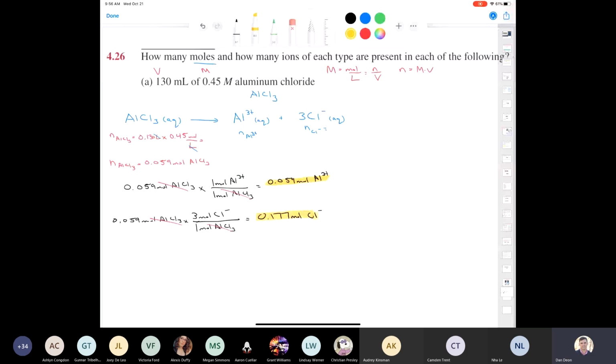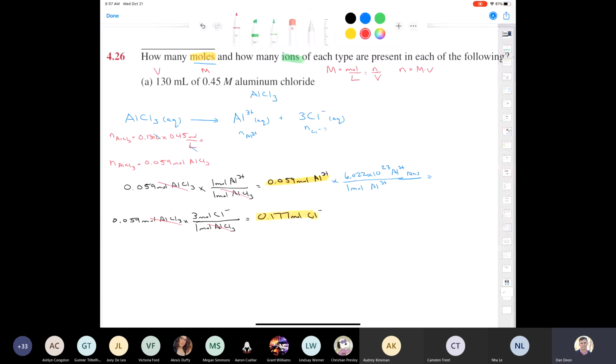We know the number of moles. Now we want to know the number of ions. For that, it's just going to take a little more dimensional analysis. I know that if I have this many moles of aluminum ions, and I know that in 1 mole of Al3+, I have 6.022 times 10 to the 23 Al3+ ions.